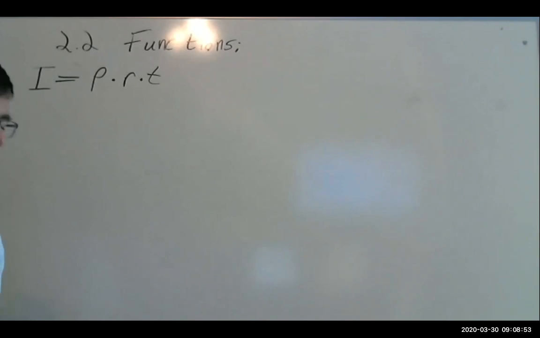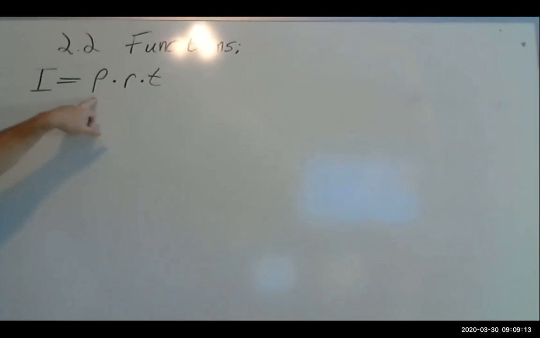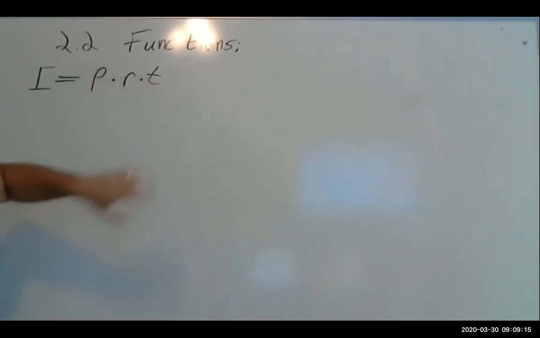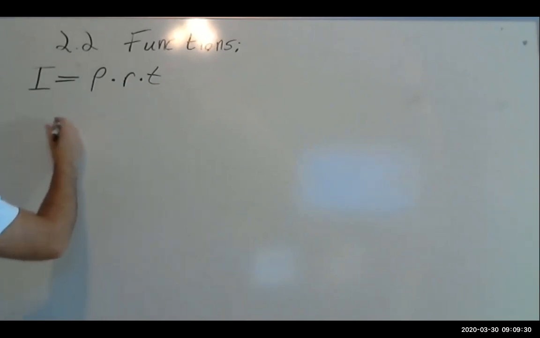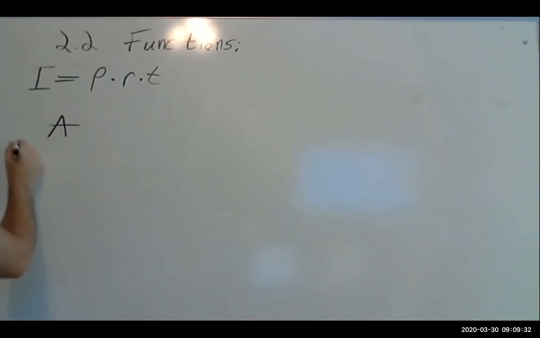But a function is kind of a set of steps where you take some input thing or multiple things and you get something out at the end. So with this equation, we input the principal, the rate, and the time. We get out something else. So the idea is a function goes from some set of inputs.